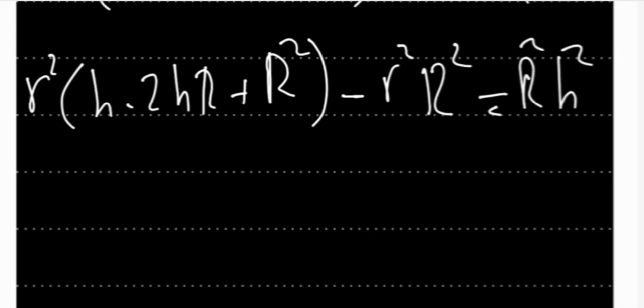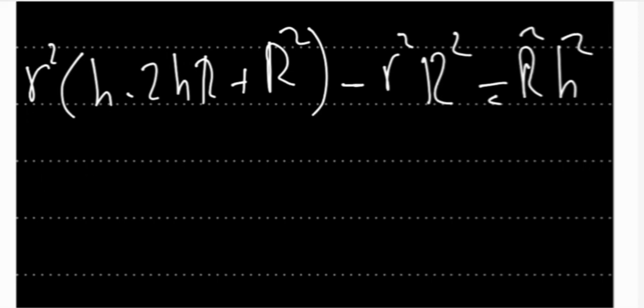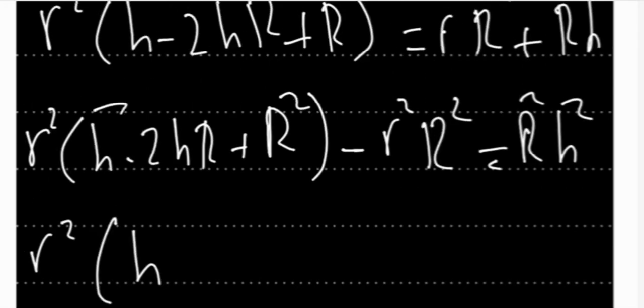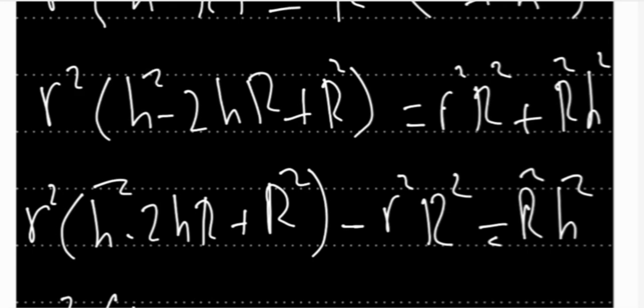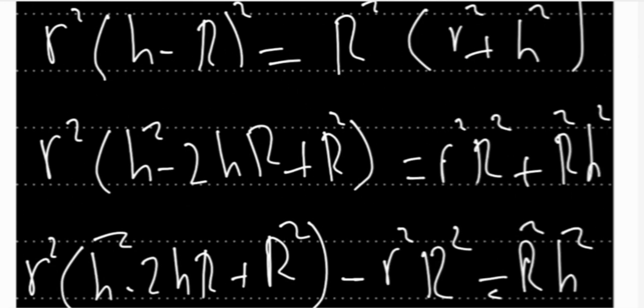So look, in any moment we can just put the value 1 in big R. I'm just carrying it with me so that we can find a general term for anything that comes out. We have R squared over here and R squared over here, so we can take it outside: R squared multiplied by H squared minus 2HR plus R squared, minus R squared, is equal to R squared H squared.